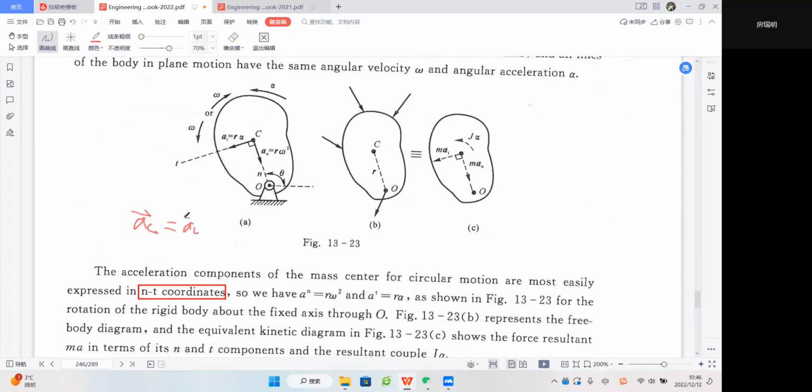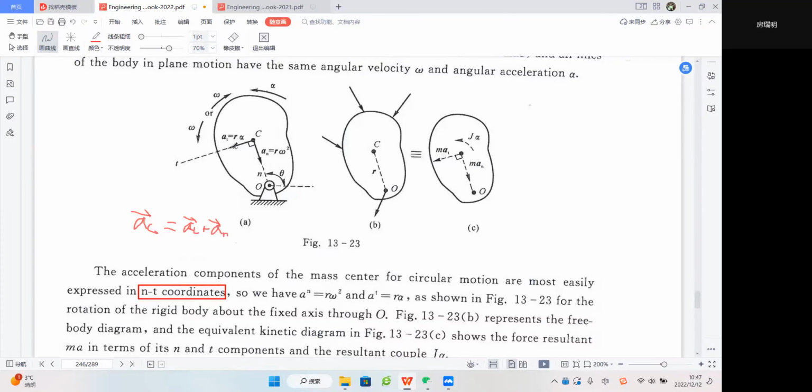I hope you guys are very familiar with this. So AN will equal omega squared times R. This R is the distance from the mass center C to the rotation point O, right? And AT will always equal R times angular acceleration alpha, right?